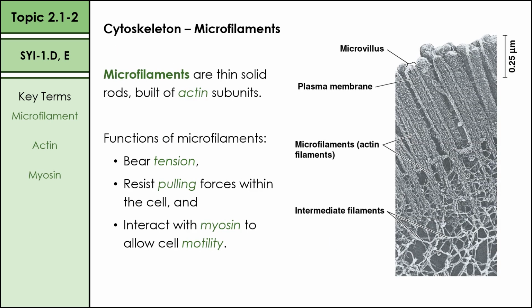Next, we have microfilaments. Microfilaments, remember, also called actin filaments, are built of actin subunits, and they function to bear tension, resist pulling forces, and to interact with another protein called myosin to allow cells to move once more. So microfilaments really show up a lot when we're talking about muscle cells, because those actin subunits are really what allow our muscles to contract as we move, and so very important.